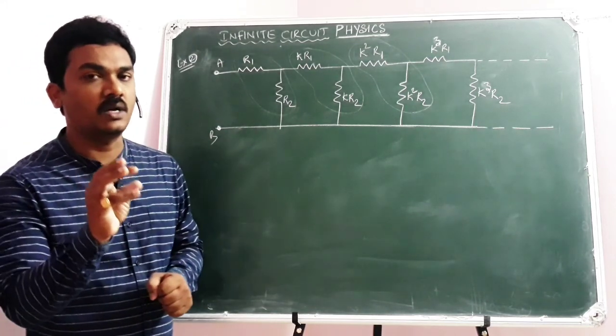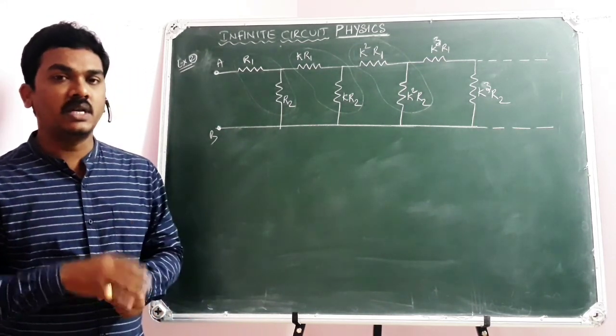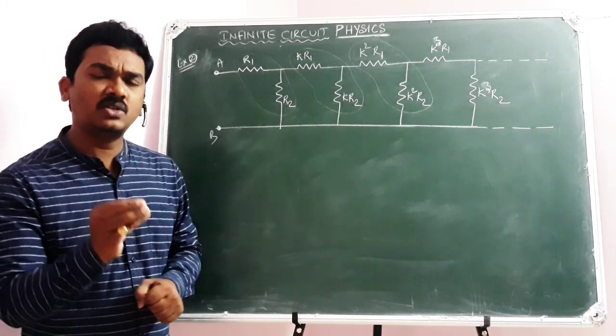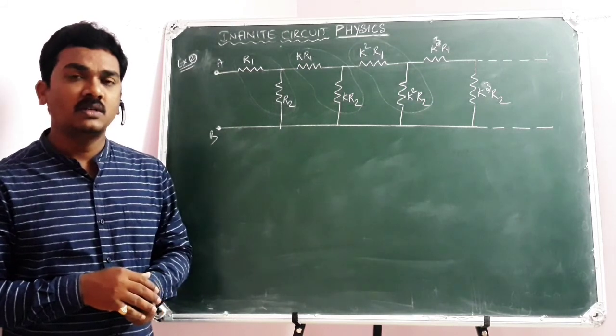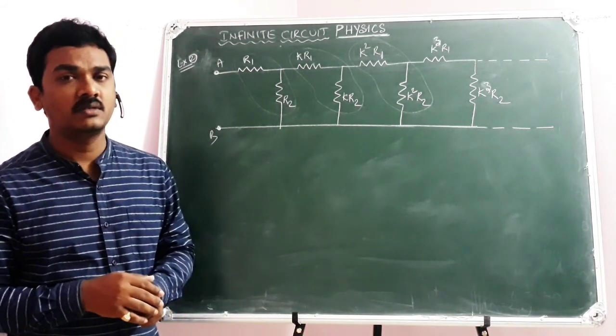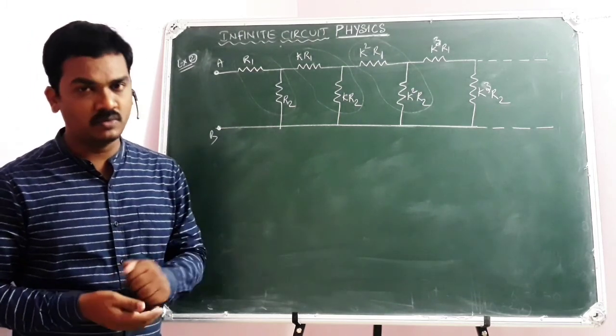This is the important conclusion you need to note. In a combination of a group of resistors, if every resistor is multiplied by K times, then the equivalent resistance also will be multiplied by K times than the original circuit.